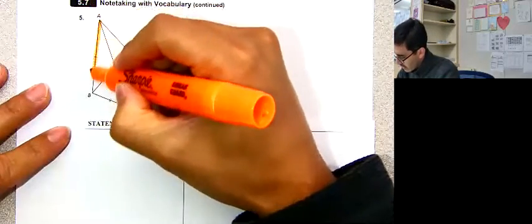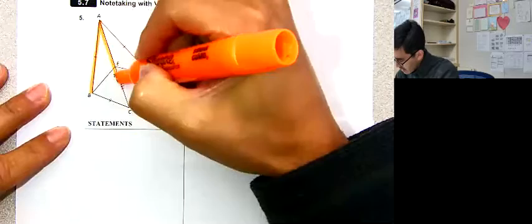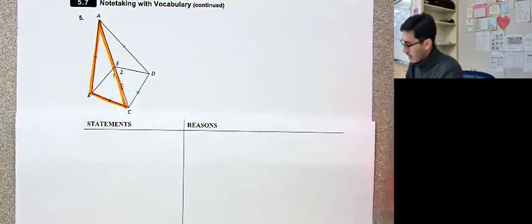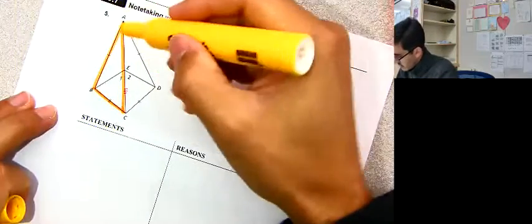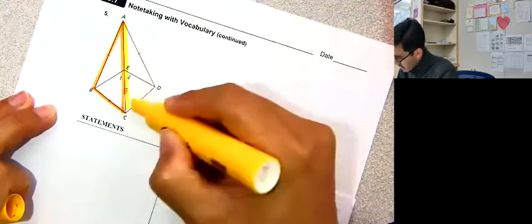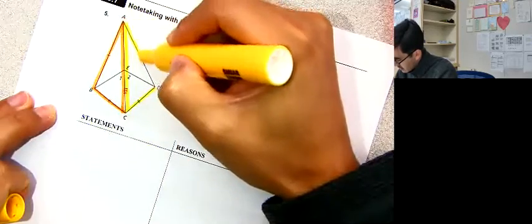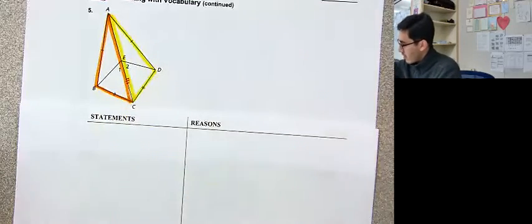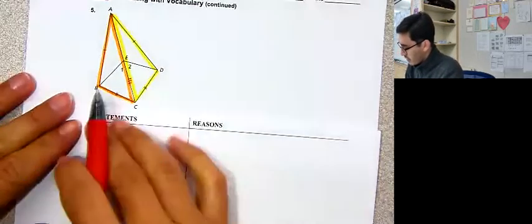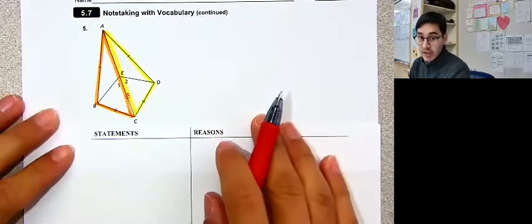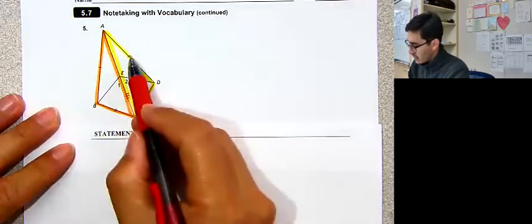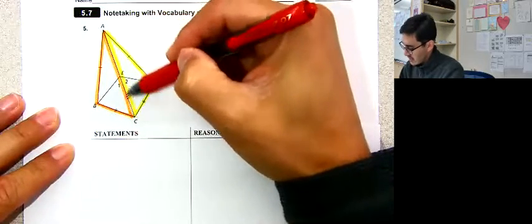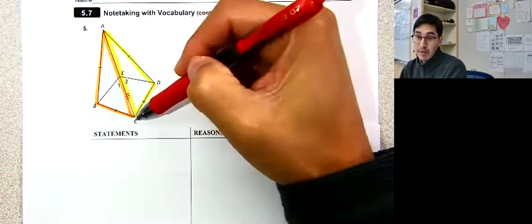One triangle is this one here, which I'll highlight in orange, A, B, C. Another triangle in this figure, I'll highlight in yellow, A, C, D. The orange and yellow triangles have two pairs of congruent sides, and their long side AC will make up the third pair.